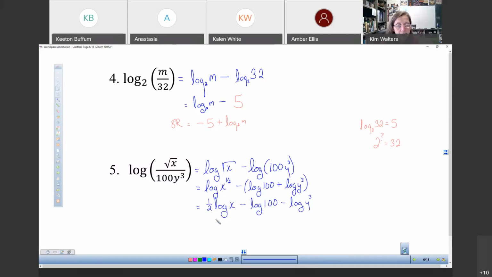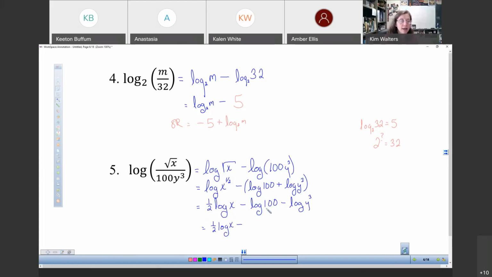So now I can't do anything with the 1/2 times the log of x. What is the base on this logarithm? You may remember what the base on this logarithm is? Yeah, the base on this logarithm is 10.